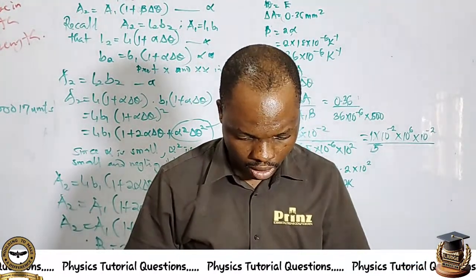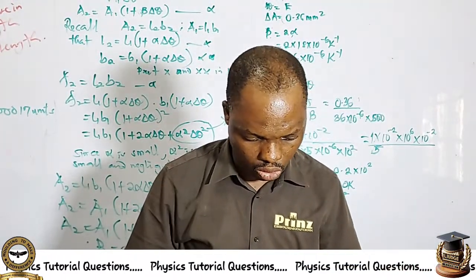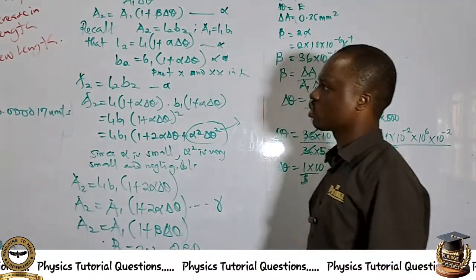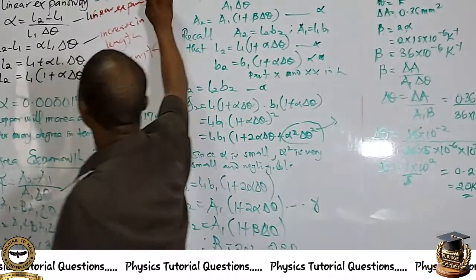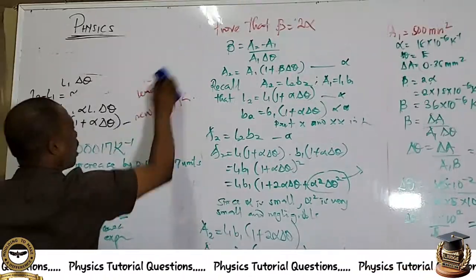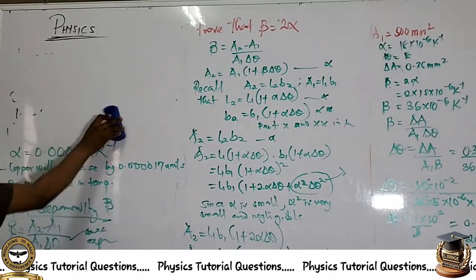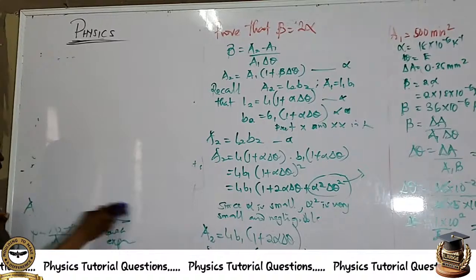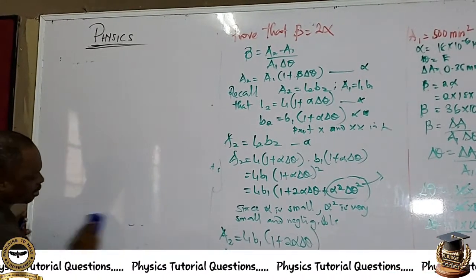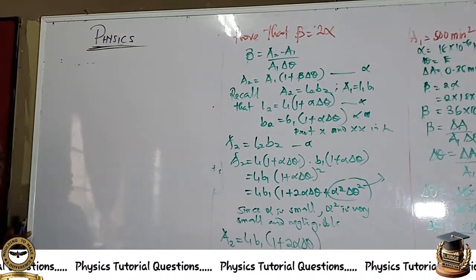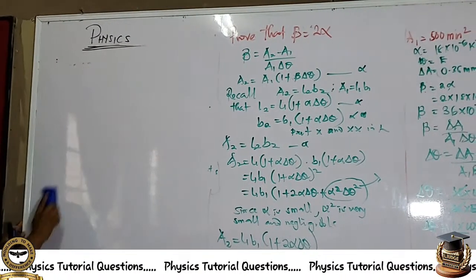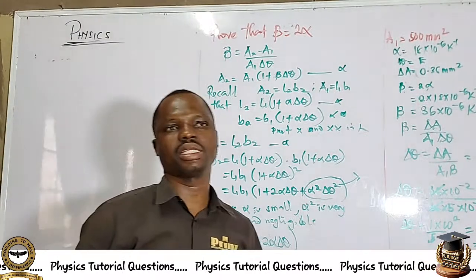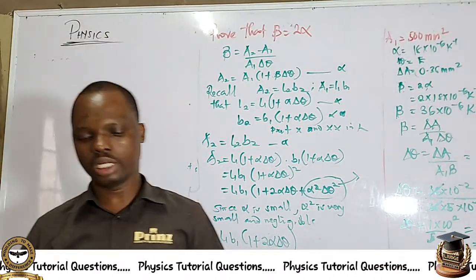Then we also have a question on anomalous expansion of water. We need to also understand that under expansivity or expansion of liquids, we discussed anomalous expansion of water, and we said that all other liquids expand when heated and contract on cooling.